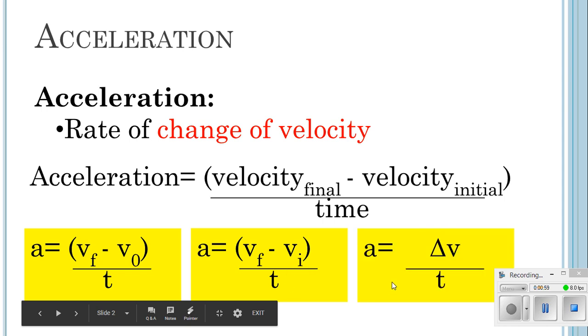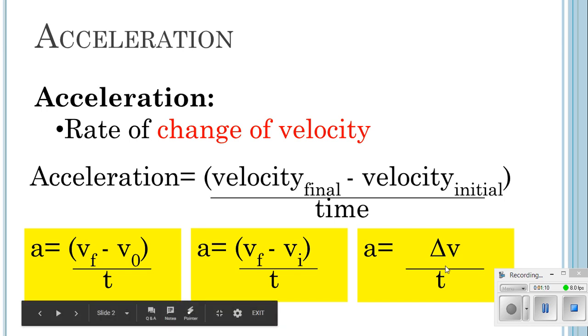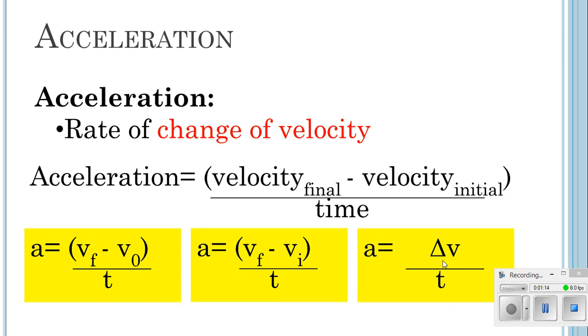Or you could see this as acceleration is equal to this weird triangle thing, which is actually the Greek letter delta, and it represents change. So this would be the change in velocity over time. All of these equations are the exact same equation for acceleration.